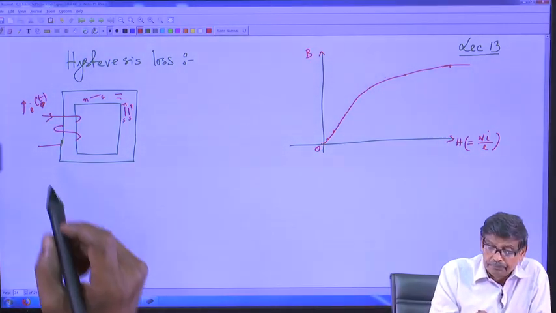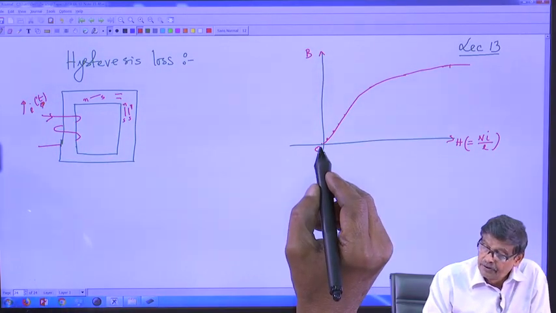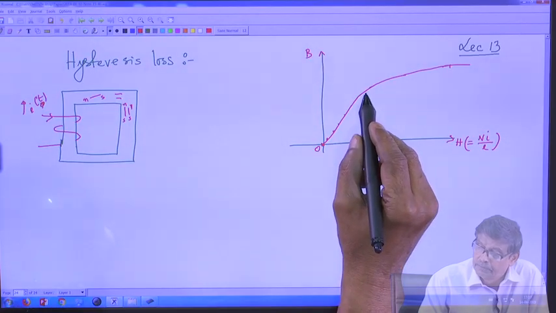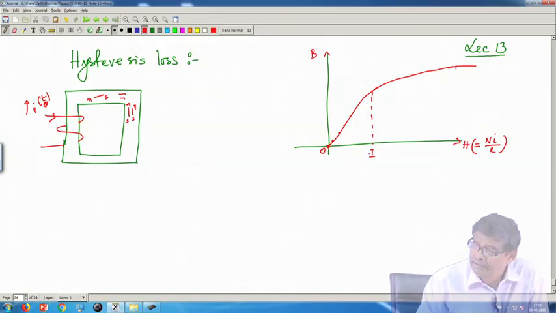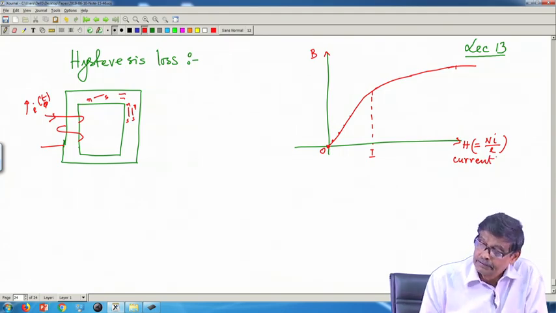Suppose this current is increased from 0 value to a particular value, here say some value I. This axis can be treated also as current, because N, L are constant.